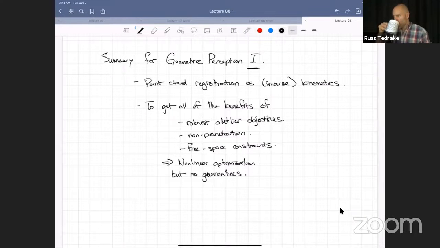For trying to use the free space constraints, I've seen a variant of it where they basically used a depth image and used the projection to the depth image as a constraint that things have to lie behind the depth image. How does that compare to treating it as an object version?